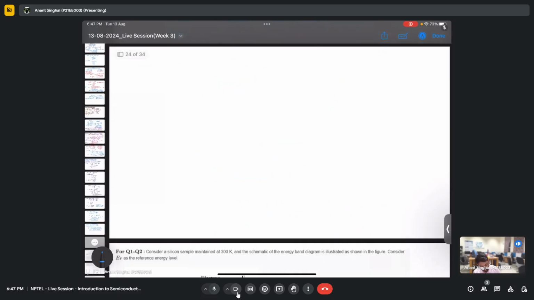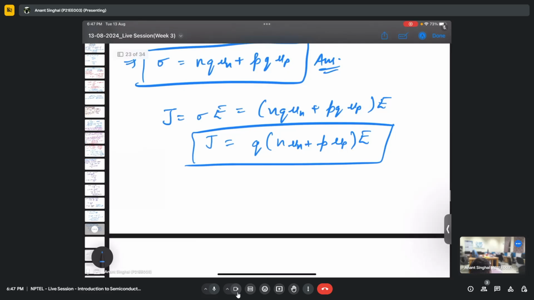Now if I talk about extrinsic semiconductors, let's say I'm talking about N type. We already know for N type, N is very, very much greater than P, since N is approximately equal to ND, and P is nothing but Ni square by ND.